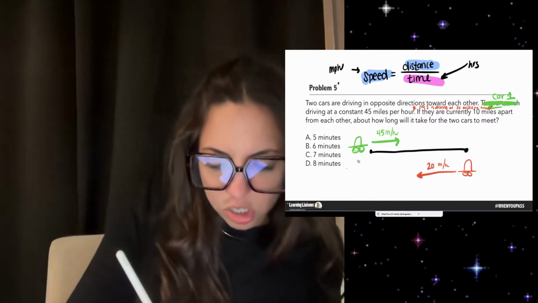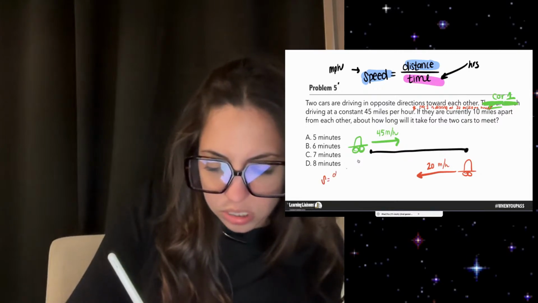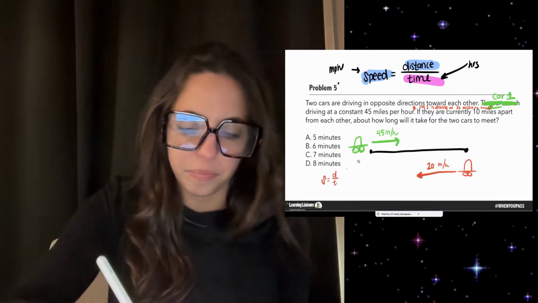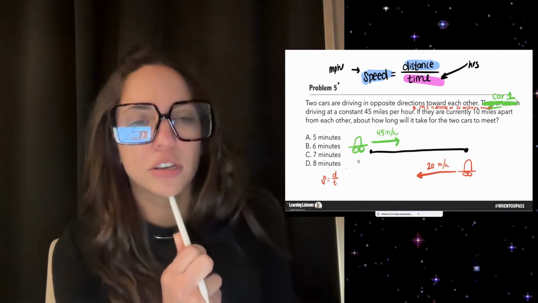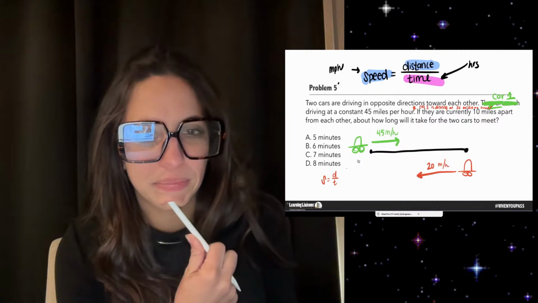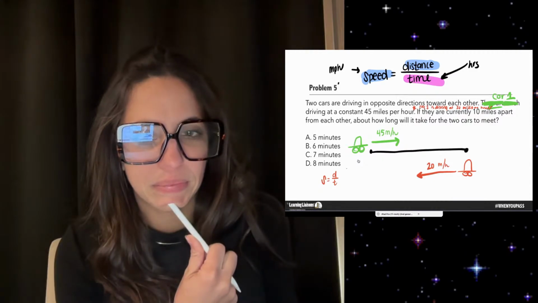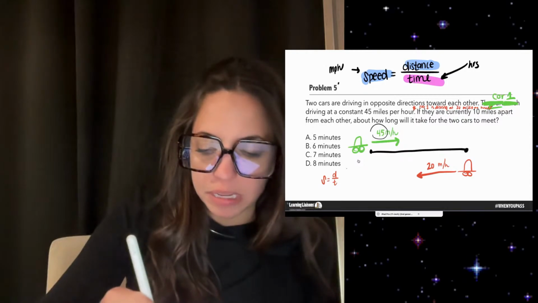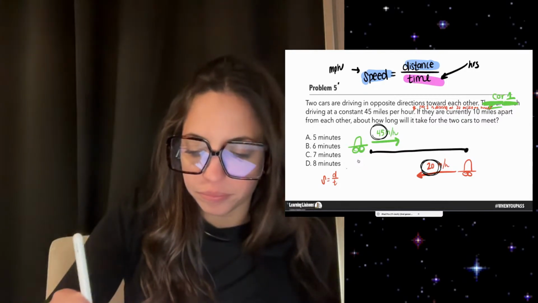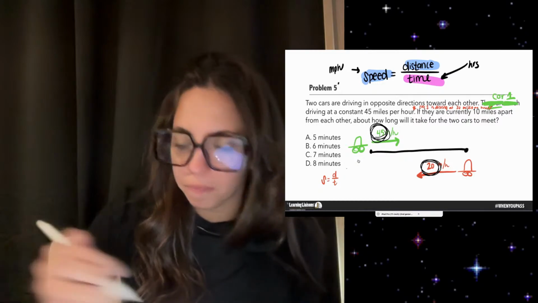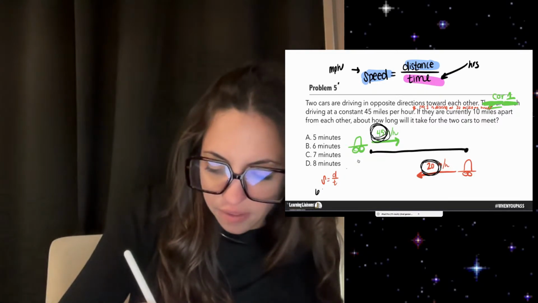I'm still going to do speed equals distance over time. But I'm going to add my speeds together. 45 plus 20, which equals 65.